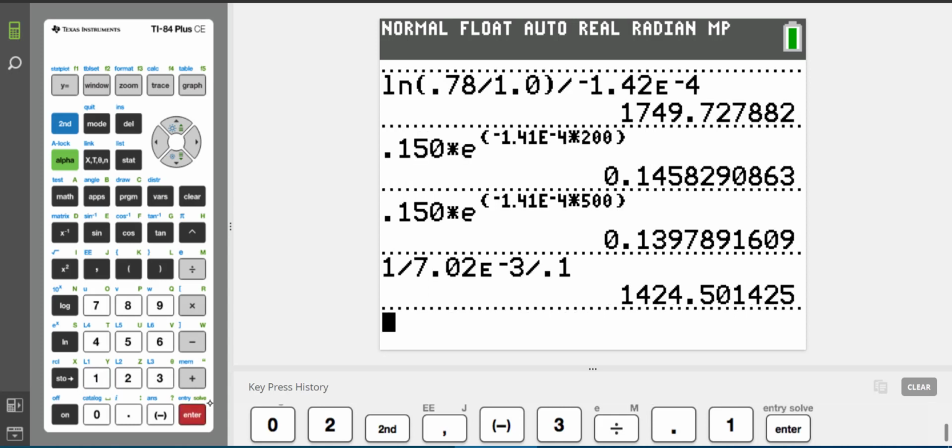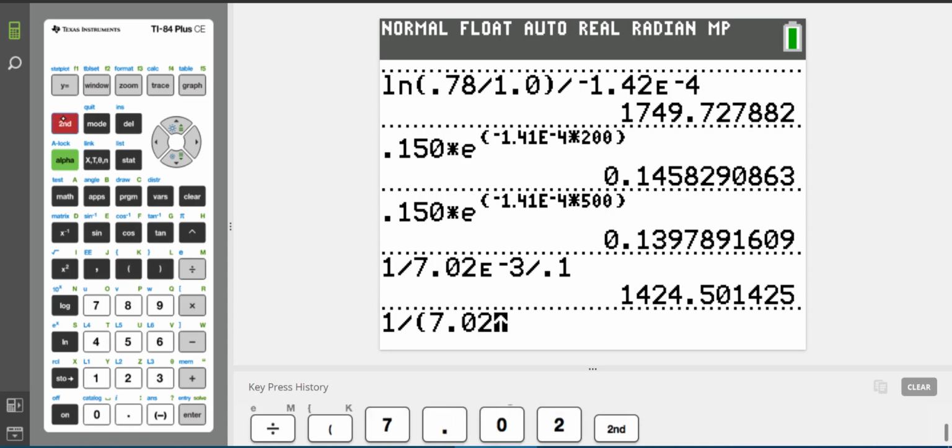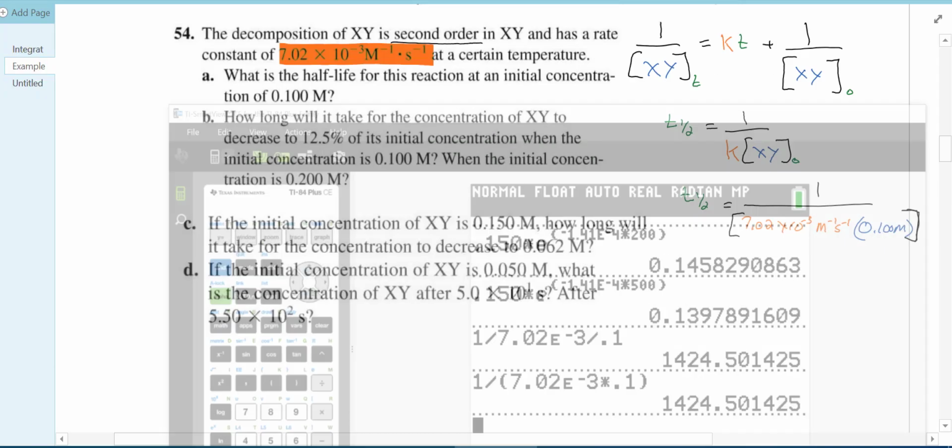You can use parentheses, right? I can do 1 divided by 7.02 times 10 to the negative third times 0.1, and you get the same answer. To me, it's fewer keystrokes and less likely for me to make a syntax error. That's up to you. Okay, so it's 1420 seconds.